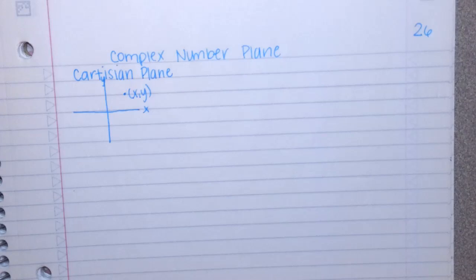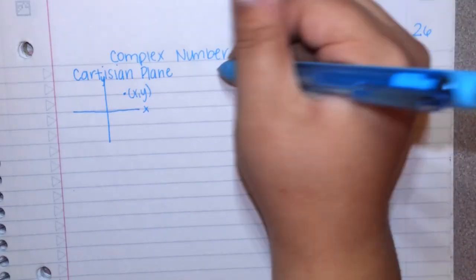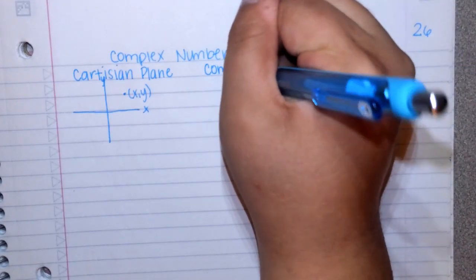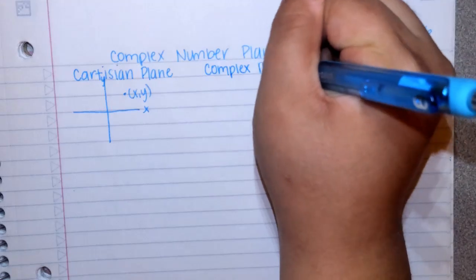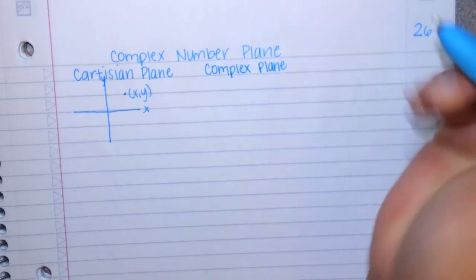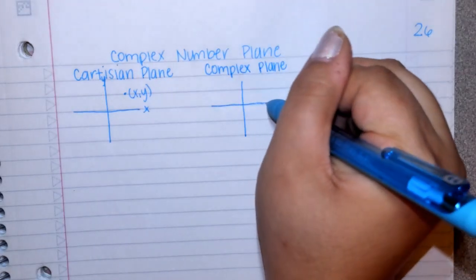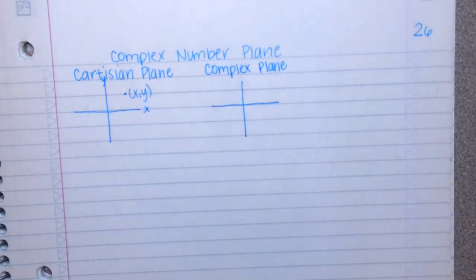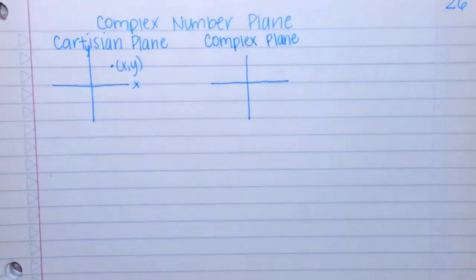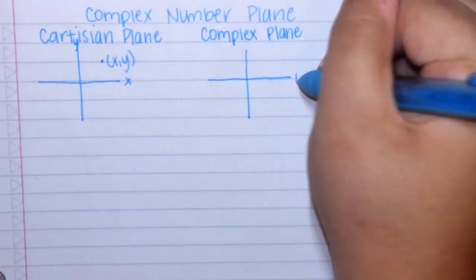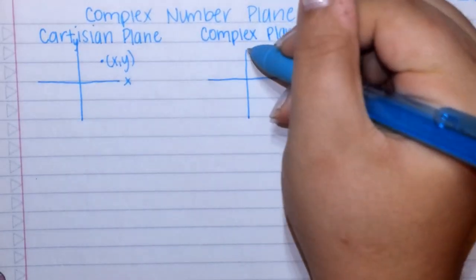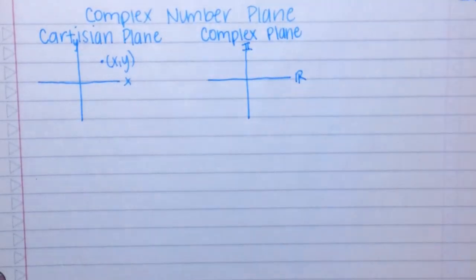And do you agree your coordinate is x comma y? Okay. Today we're going to introduce you to the complex plane. A complex plane also has a vertical and a horizontal axis. Your horizontal axis is your real number, and your vertical axis is your imaginary number.